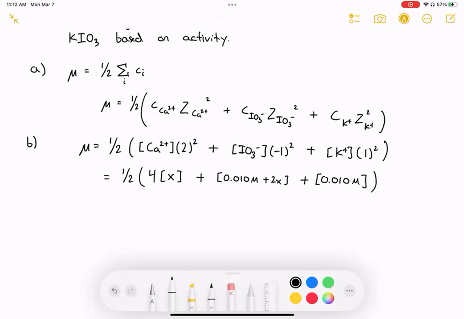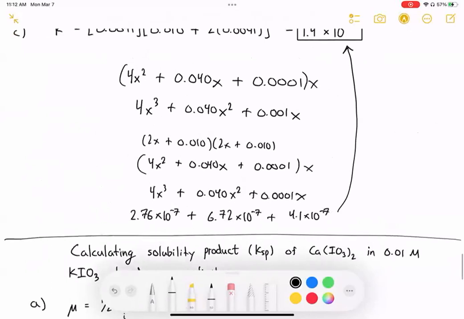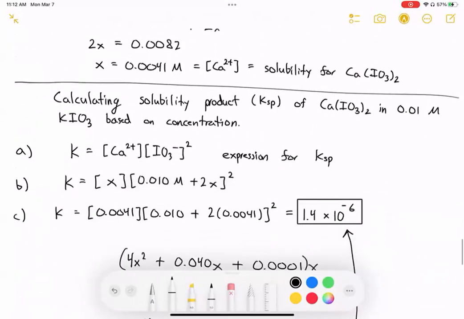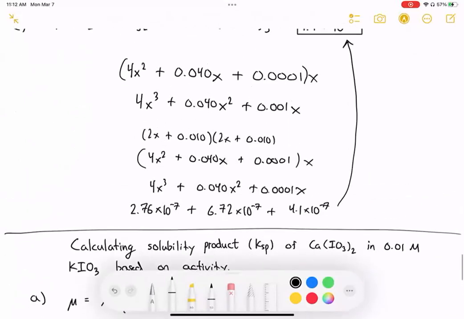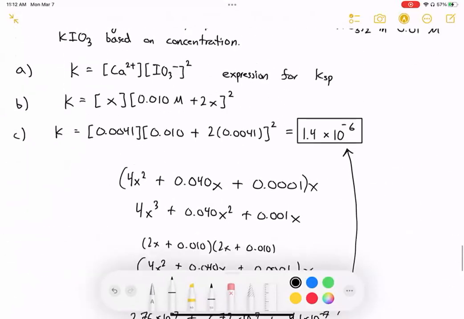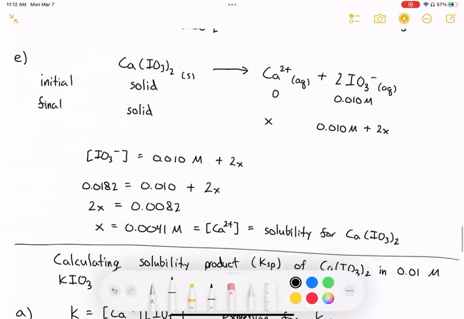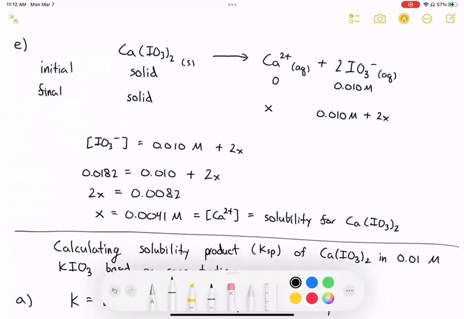There we go. So now we just plug in x for the solubility you calculated in the previous step right here. So here's our solubility in the previous step, which was right here, solubility, 0.0041 molar.